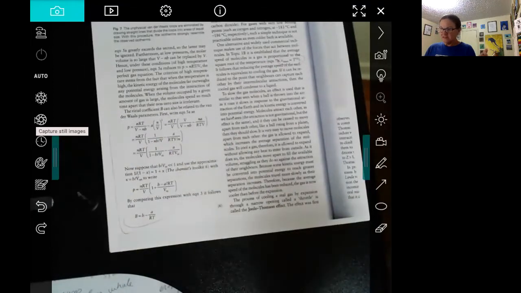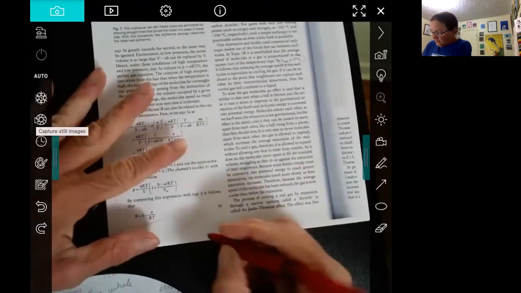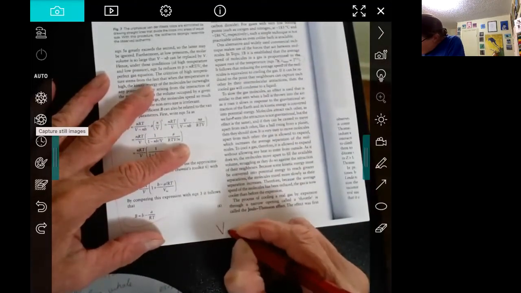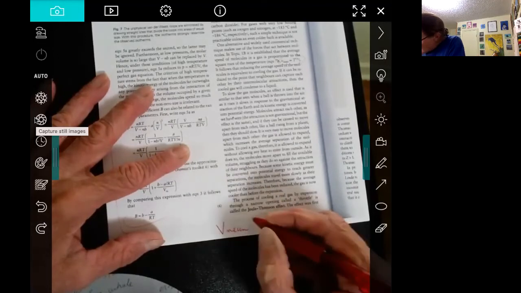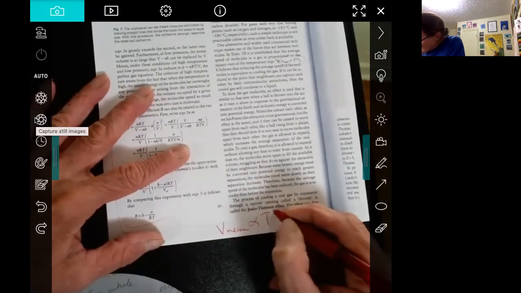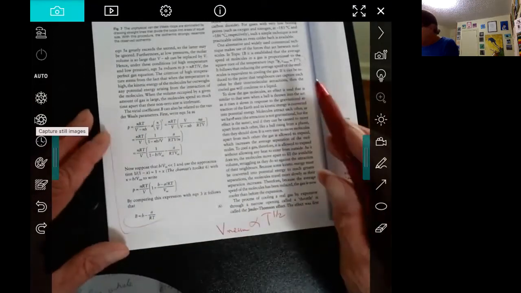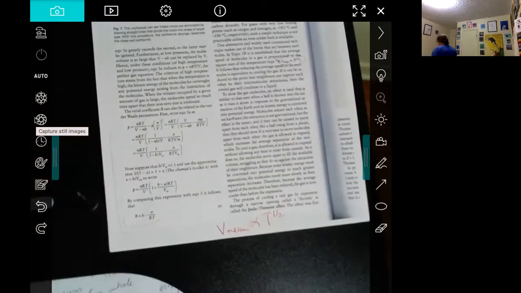So as they slow down, what you saw in that one equation I told you to notice in section B was that the mean velocity is proportional to T to the 1/2.